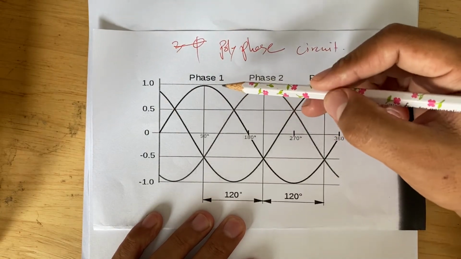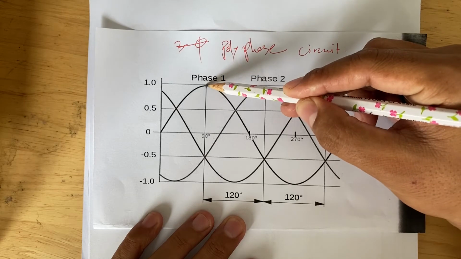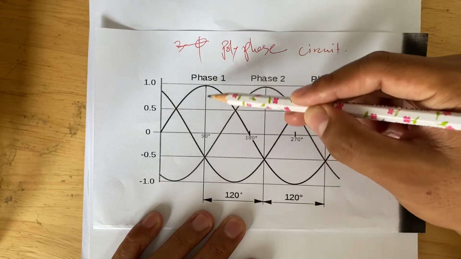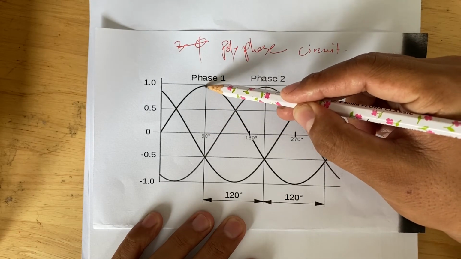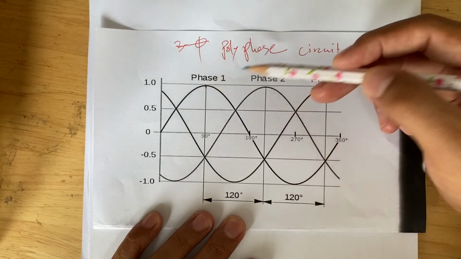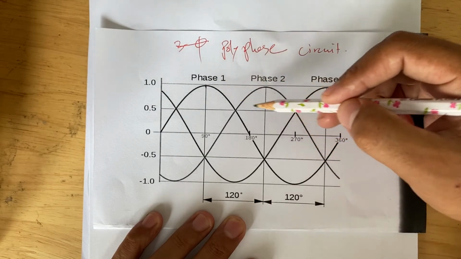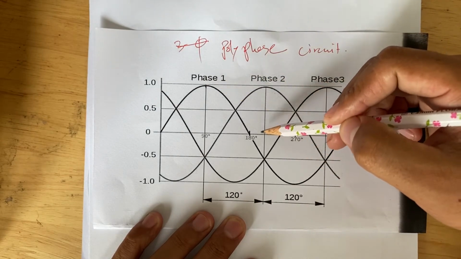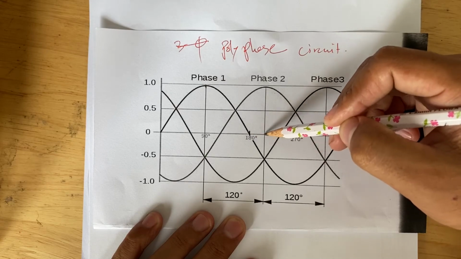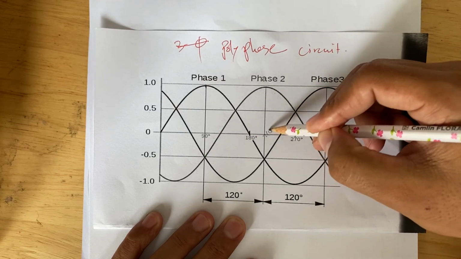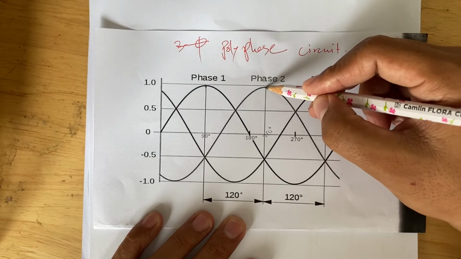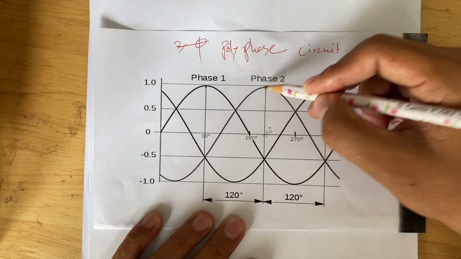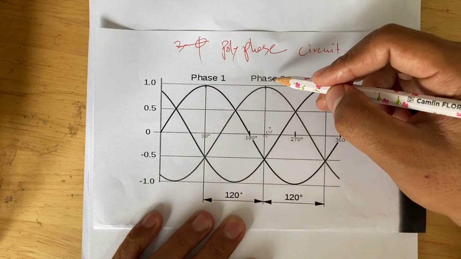If you consider this peak here, it is at 90 degrees. At 90 degrees we have a peak voltage, or let's say the peak amplitude, for phase 1, and then at 210 degrees, again you have the peak amplitude.